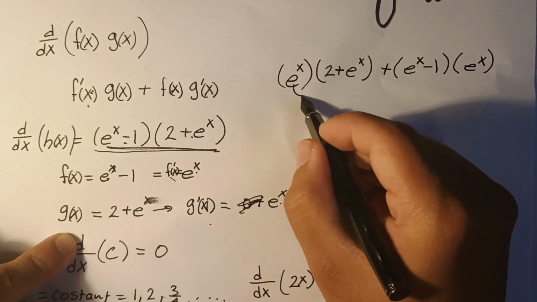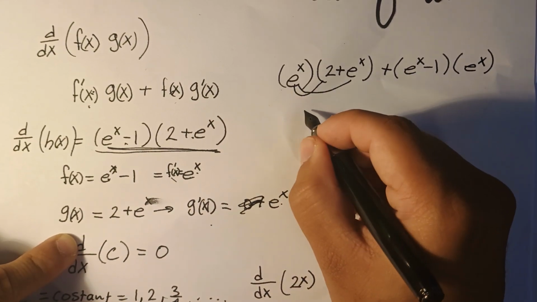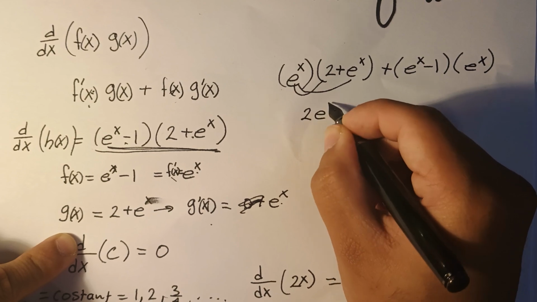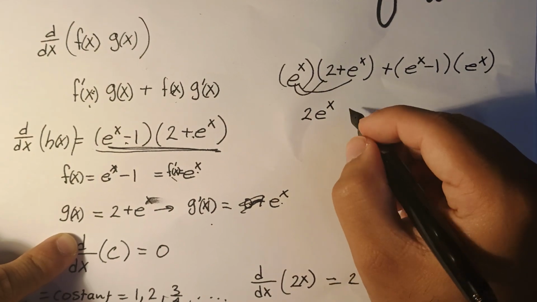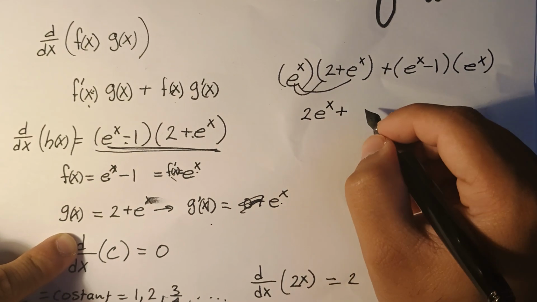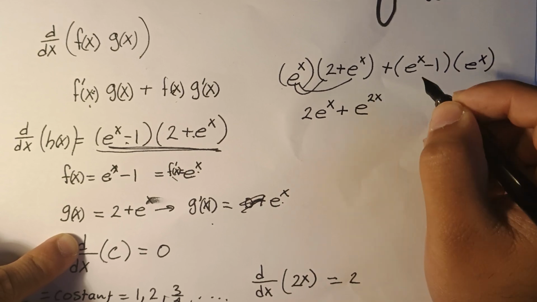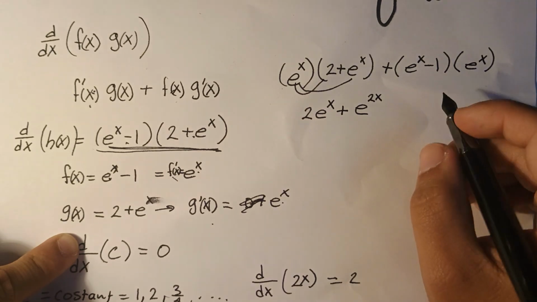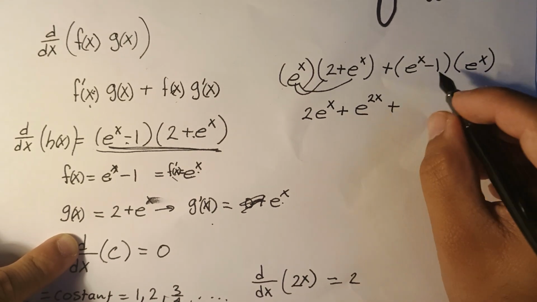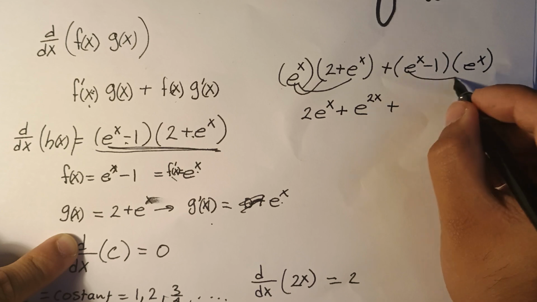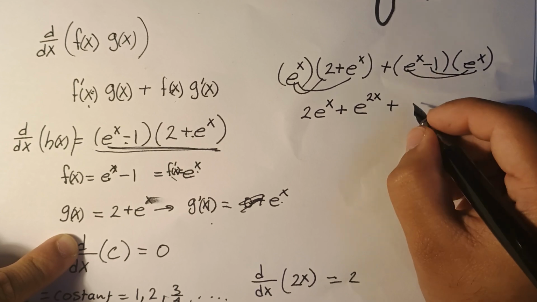So now we're just going to multiply this out, right? This would just be plus, and then this would be, just multiply this out again.